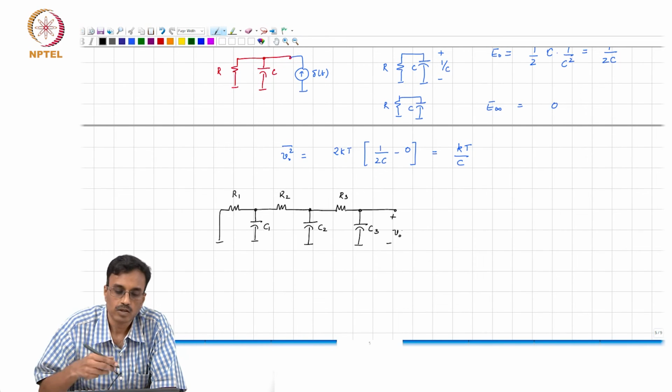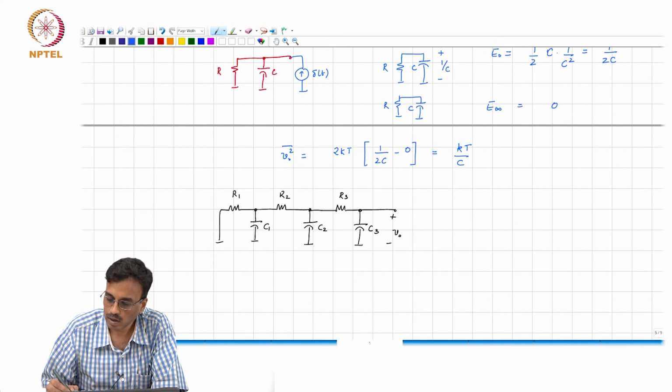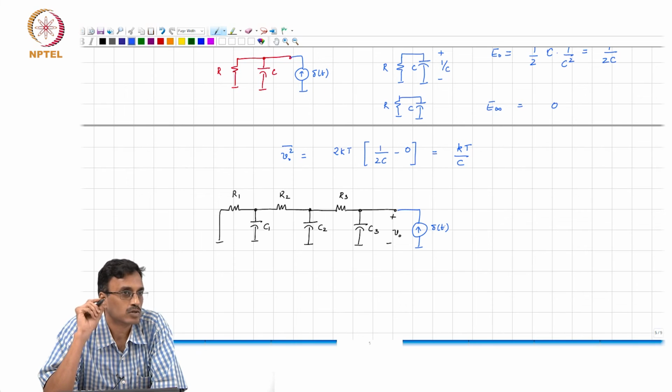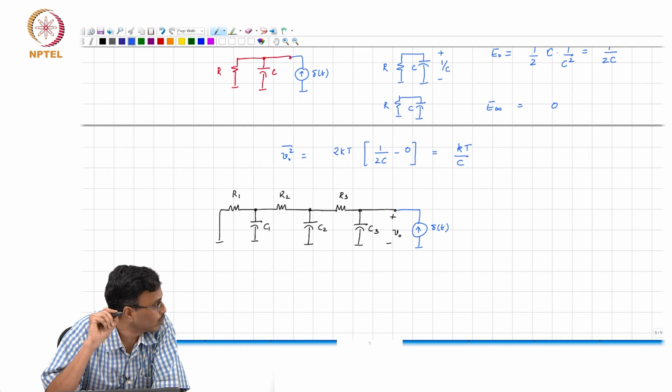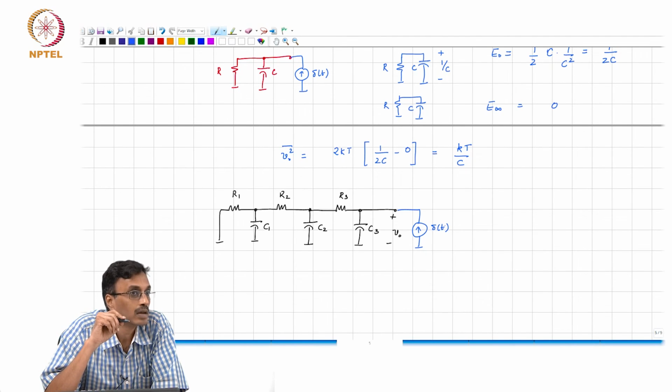All right. So, as usual, we inject an impulse here. Where does that impulse current go? At t equal to 0 plus, all the current goes onto C3.